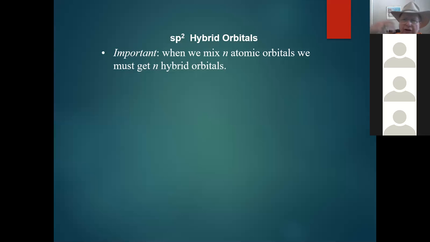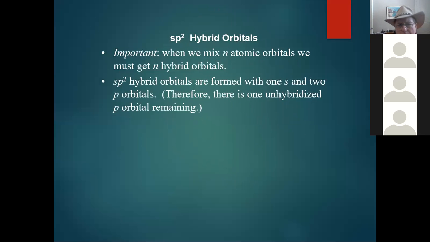Okay, when we mix n atomic orbitals, we get n hybrid orbitals. So if we mix for sp2, that's 3 atomic orbitals, we're going to get back 3 sp2 orbitals. Therefore, if I'm only using 2 p's, I've got 1 free p orbital left.